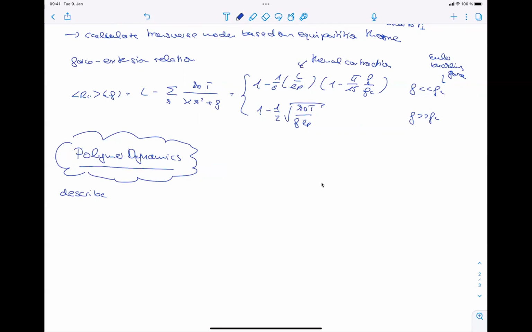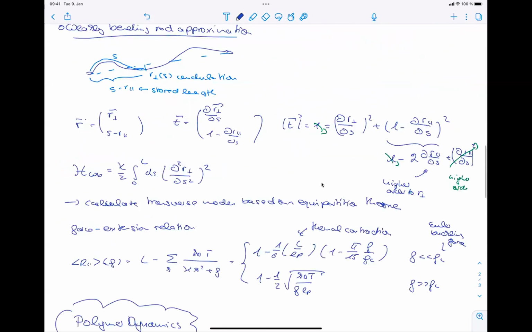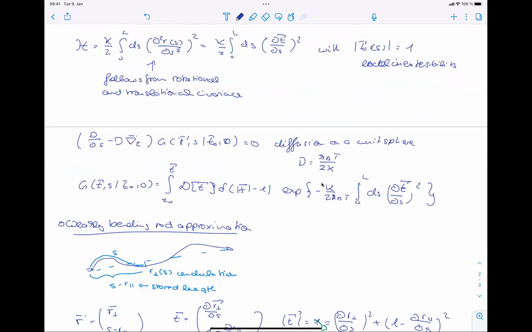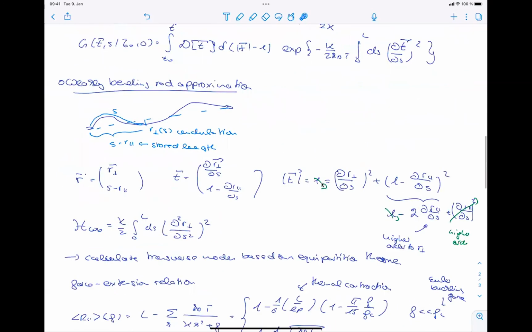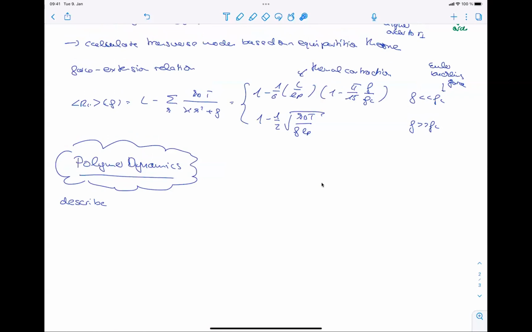Look, we mapped a lot of processes here on diffusion on a unit sphere, on the diffusion process. And in a similar fashion, there are a lot of processes that you can map onto this stochastic processes framework.